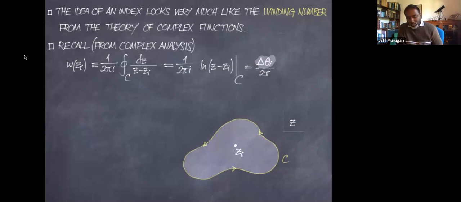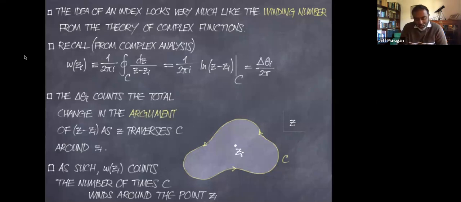Delta theta i here is nothing but the total change in the argument, in modulus-argument form, the total change in the argument of z minus zi as the function z traverses the curve C around the point zi. So there's a fair amount of information here. Just stop and think about it for a little bit.